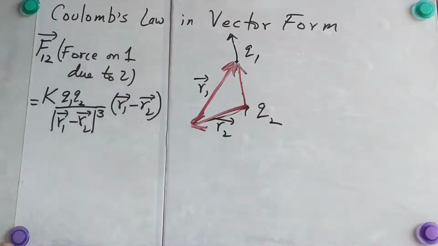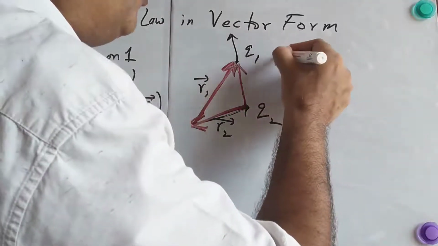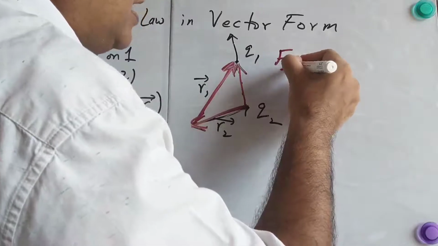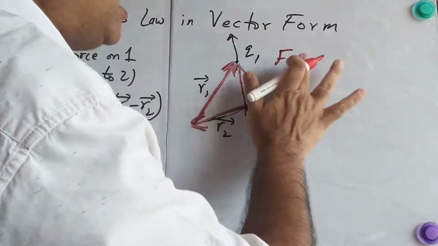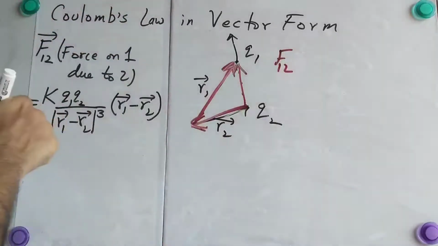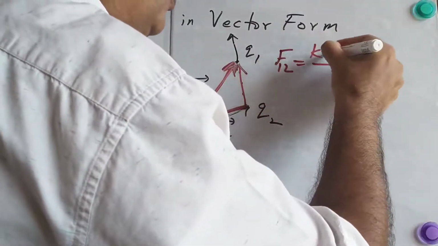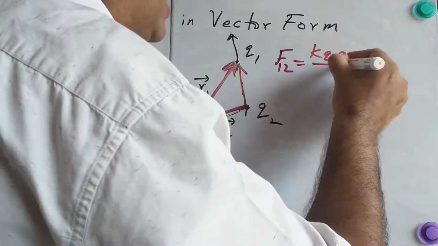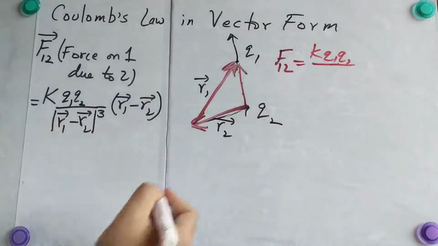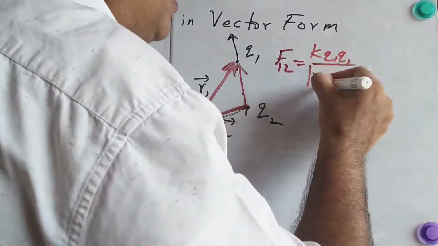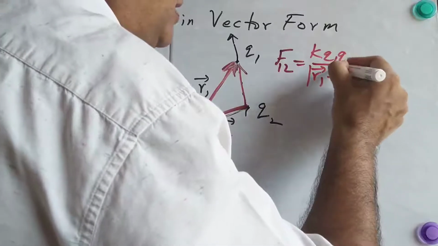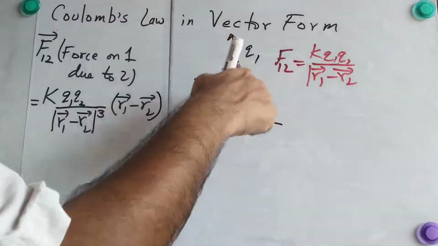So therefore, this force F12 will be equal to K Q1 Q2 by R square. So that is the same as R1 vector minus R2 vector, that will represent this vector.